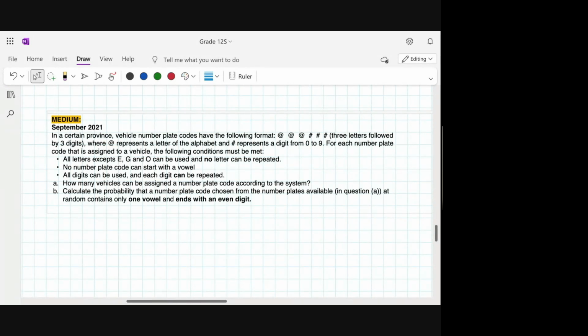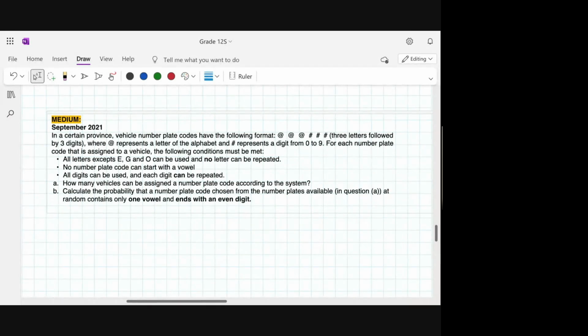In a certain province, vehicle number plate codes have the following format: 3 letters followed by 3 digits, where a letter symbol represents a letter of the alphabet and hashtag represents a digit from 0 to 9. For each number plate code that is assigned to a vehicle, the following conditions must be met.